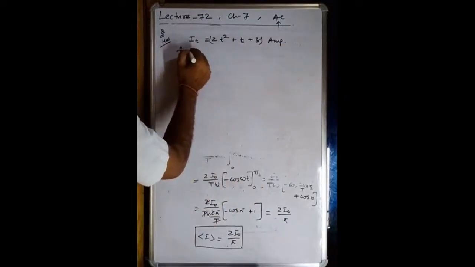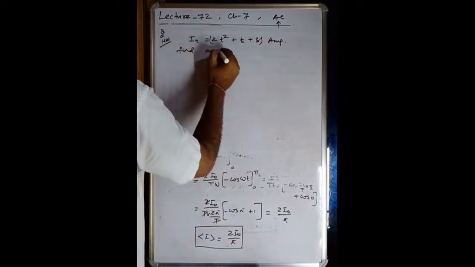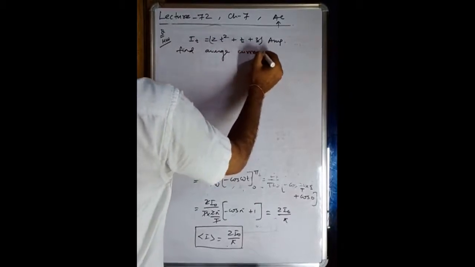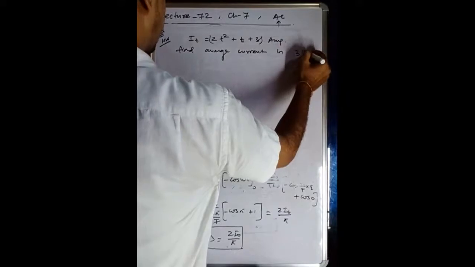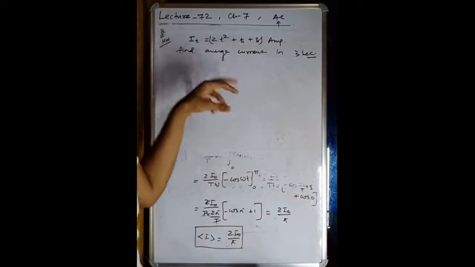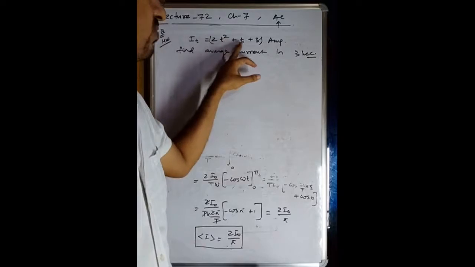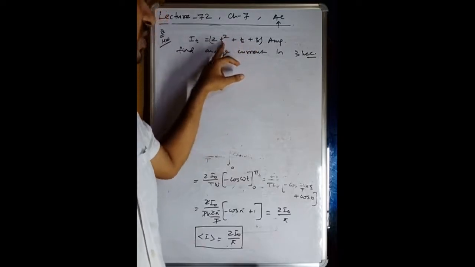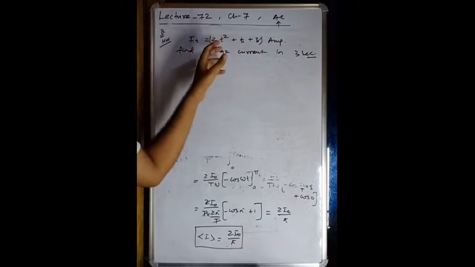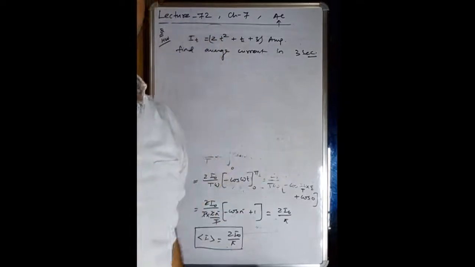Find the average current in 3 seconds. The instantaneous current as a function of time is given as 2t square plus t plus 3. Remember, this t is time in seconds, and this current is in ampere.